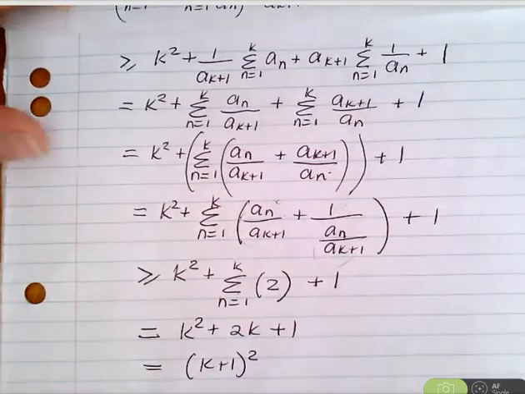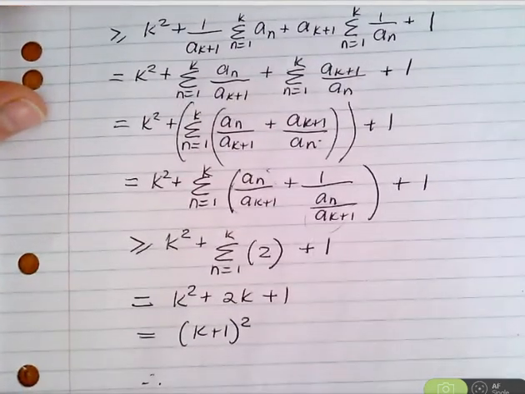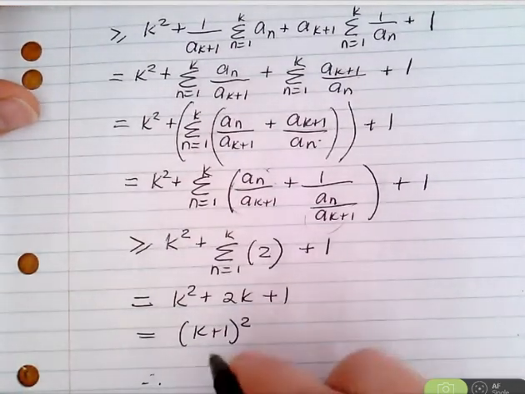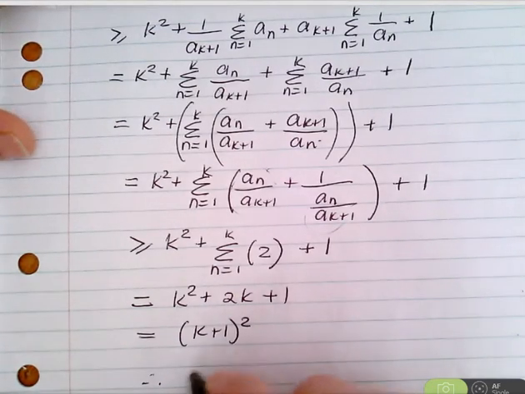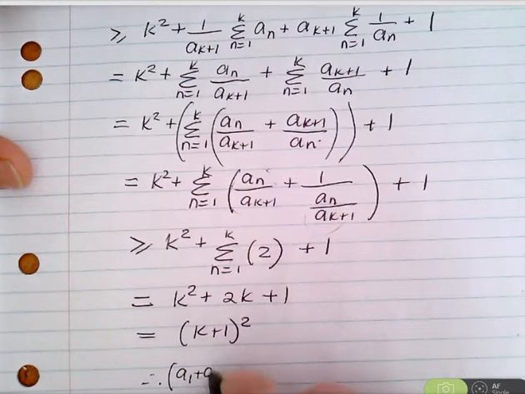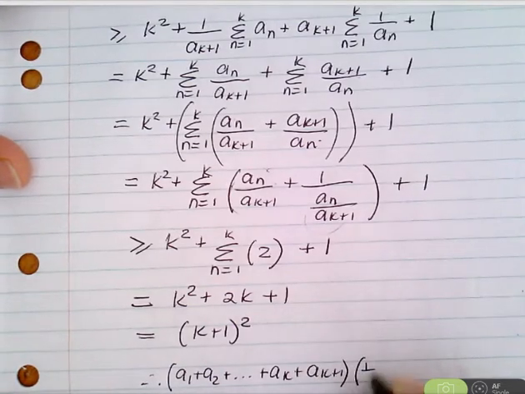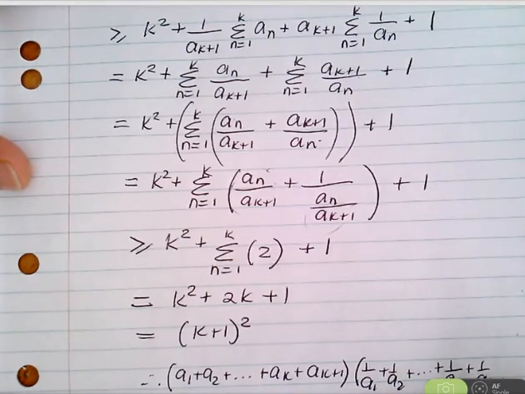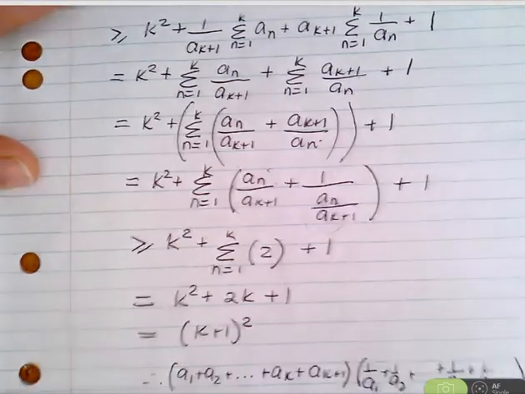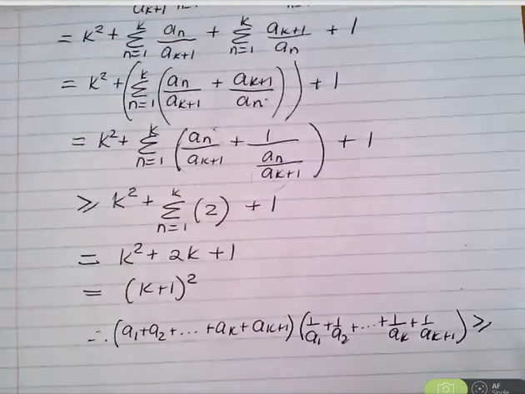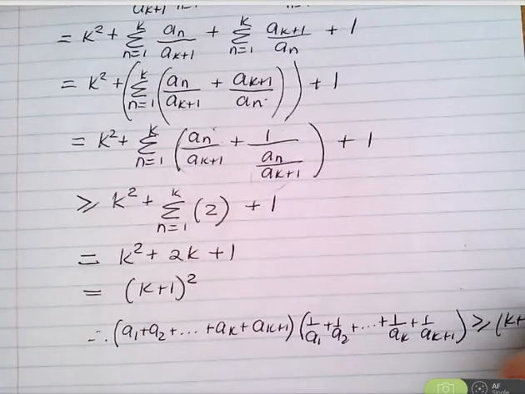And so we were trying to prove that the left-hand side, a1 plus a2 plus up to a k plus 1, times 1 over a1 plus 1 over a2 plus all the way up to 1 over a k plus 1, is greater than or equal to k plus 1 squared.